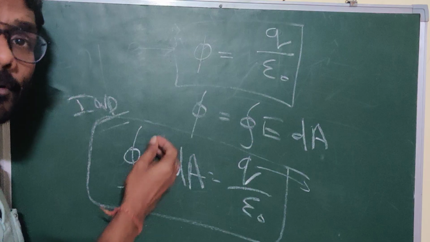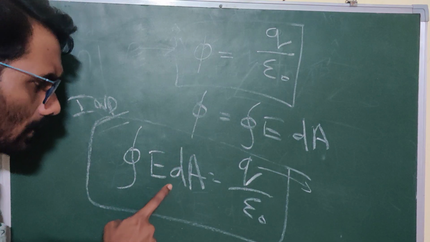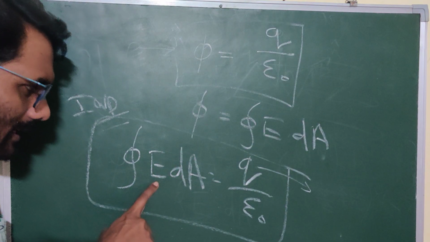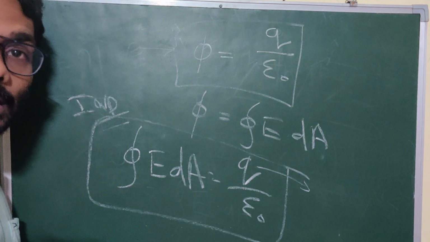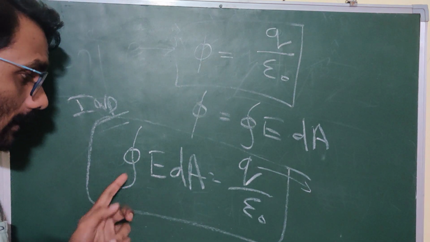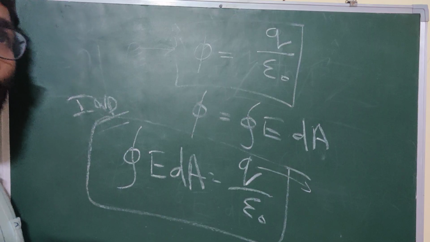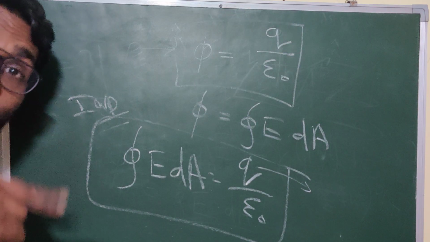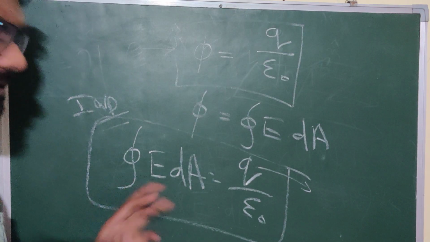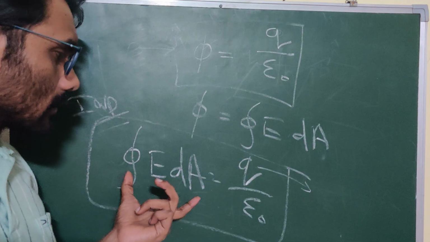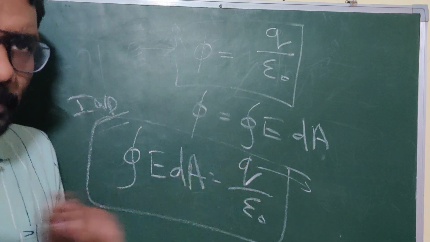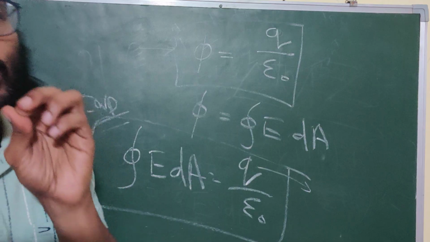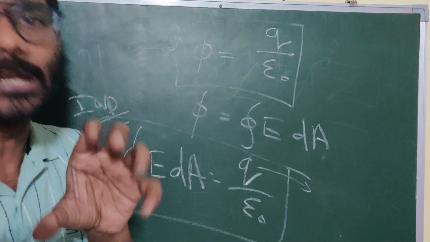So from the left term, what is the information? This is E, the electric field, and the integration of dA, which means A, the Gaussian surface area. So the left term represents the Gaussian surface area, and the right term represents the total charge enclosed.